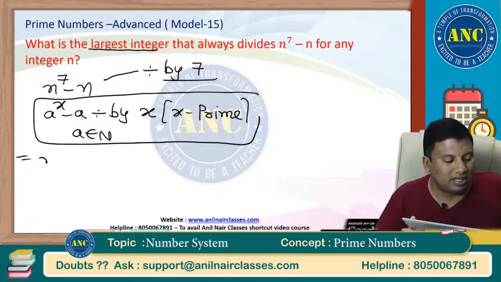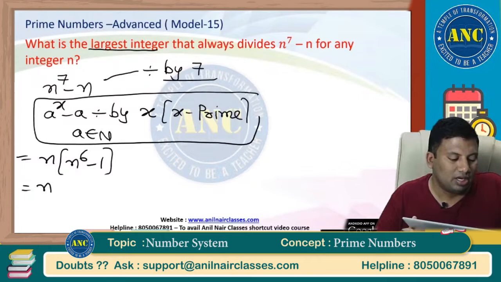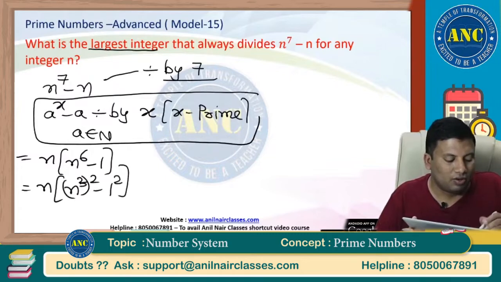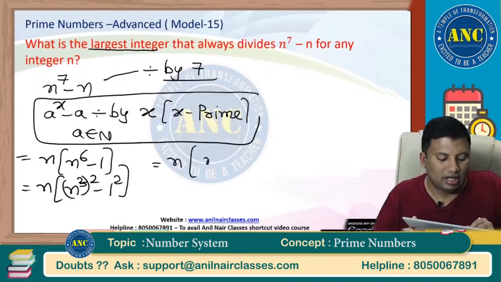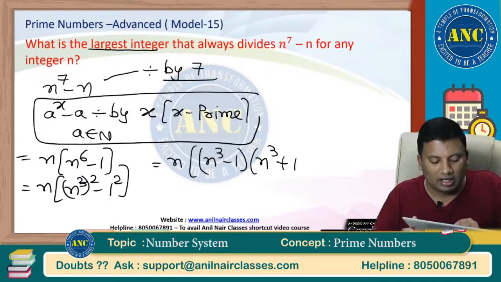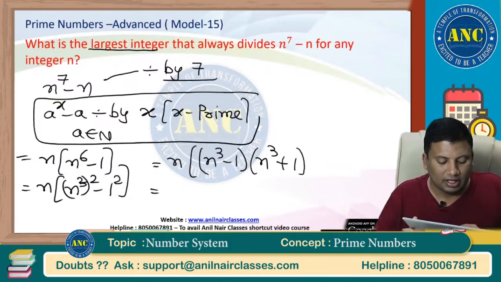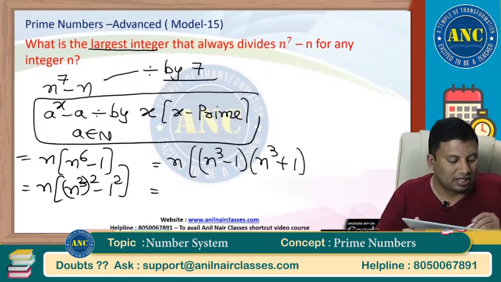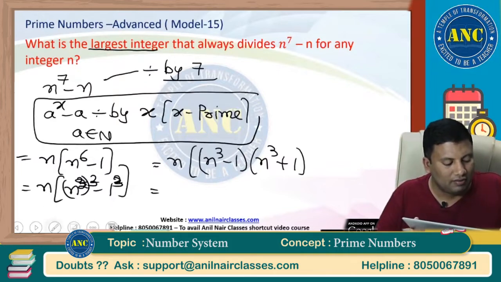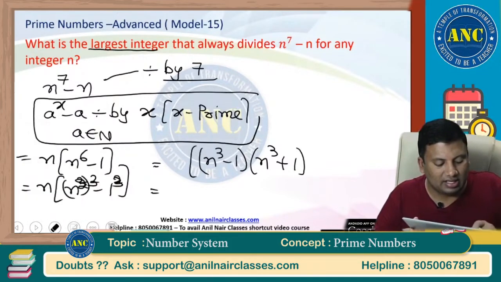So this can be written as n into n power 6 minus 1. This is n into n cube whole square minus 1 whole square, which is n cube minus 1 into n cube plus 1. We will write n cube minus 1 as n square whole cube minus 1 cube, so that we will get some more factors easily.